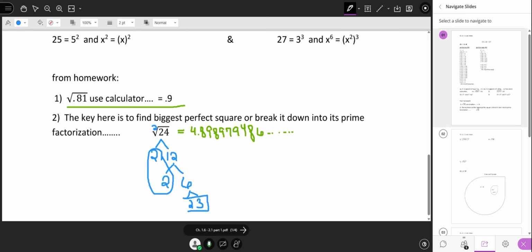All I have are leftovers. So I really go back up to that number right here. I don't want to deal with 2 and 3. I want to deal with that number that gave me the 2 and the 3. So the square root of 24 is actually 2 square roots of 6. So that is your exact answer.